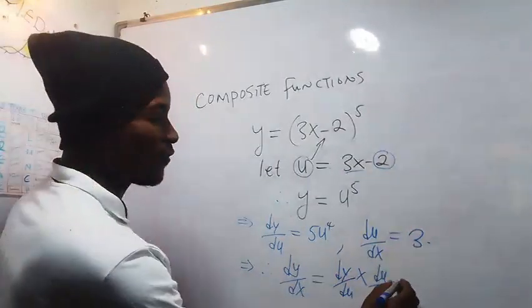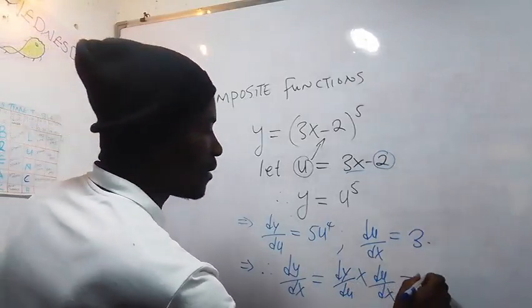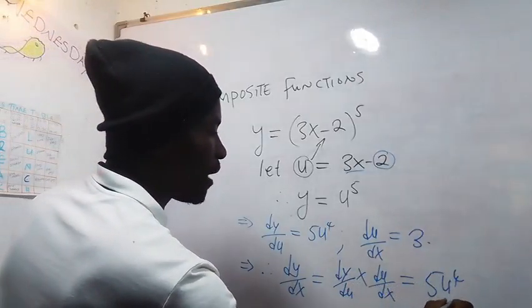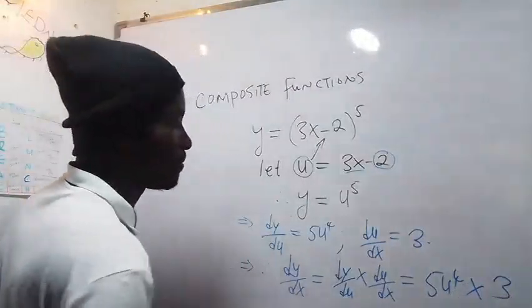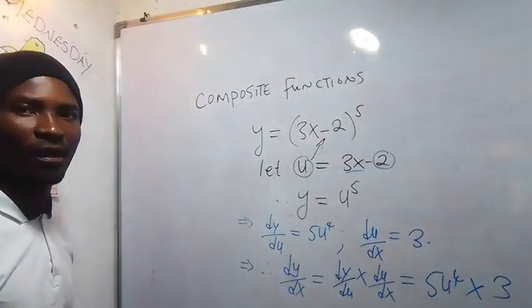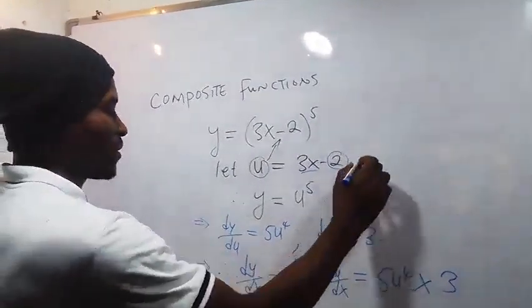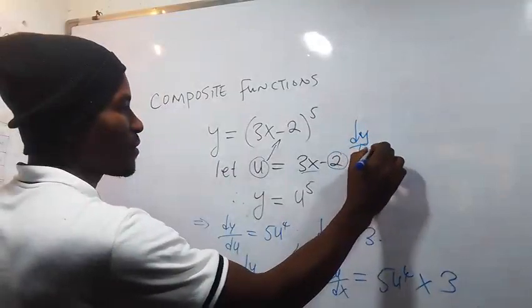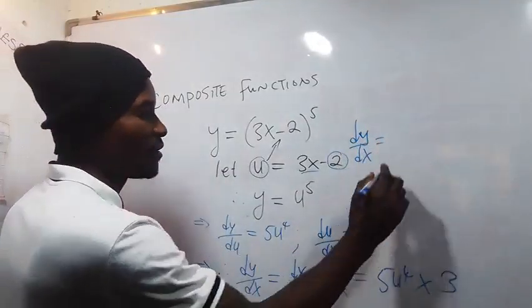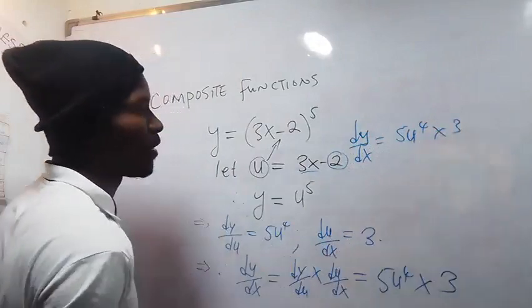From there, you can replace: dy over dx equals 5u to the power 4 multiplied by 3.